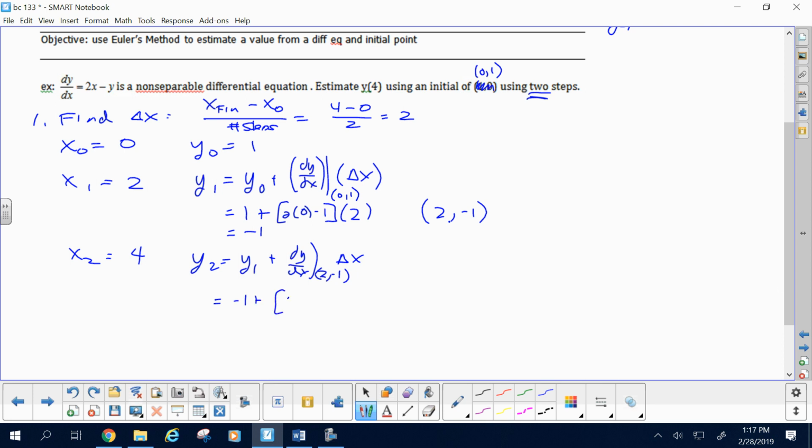The slope is 2 times the x of 2 minus negative 1, so plus 1, times the delta x of 2. So what do you get there for your y2? 9. All right. Now you could either say y2 is 9, but preferably you would say, oh, this is kind of funky. I called this y instead of f of x, but y at 4 is approximately 9.